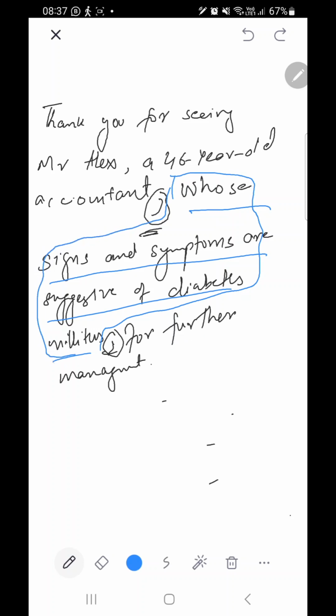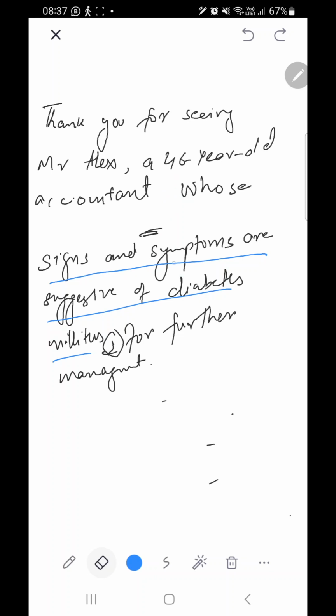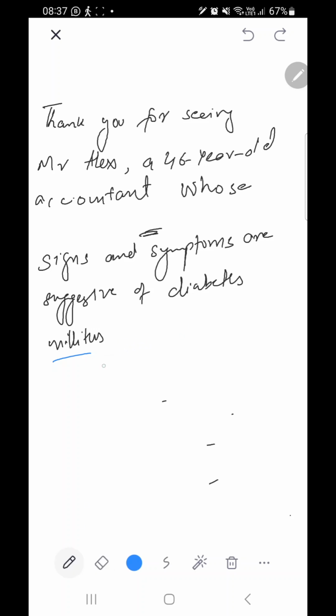It will not be a weak sentence. However, if I write this clause in this approach, let's say, diabetes mellitus, then I put a full stop. If I finish the sentence over here, like I'm writing, thank you for seeing Mr. Alex, a 46-year-old accountant whose signs and symptoms are suggestive of diabetes mellitus.